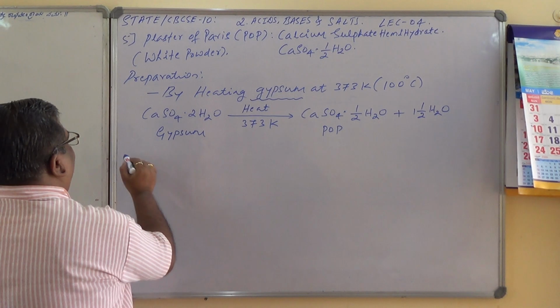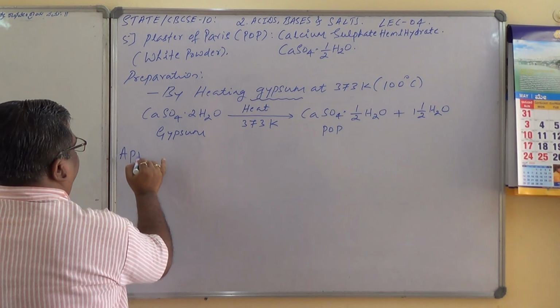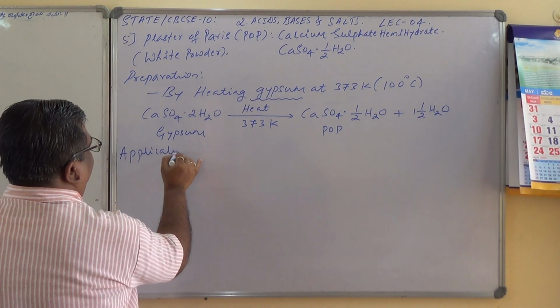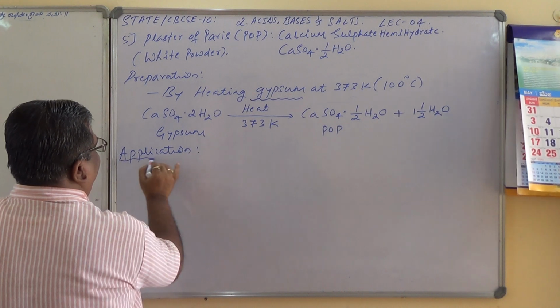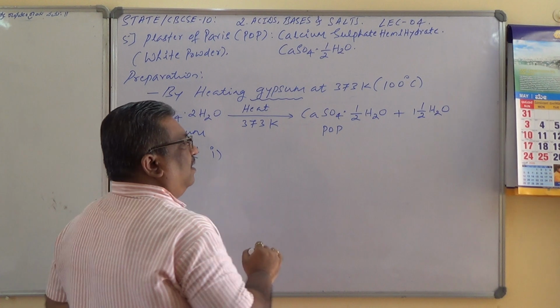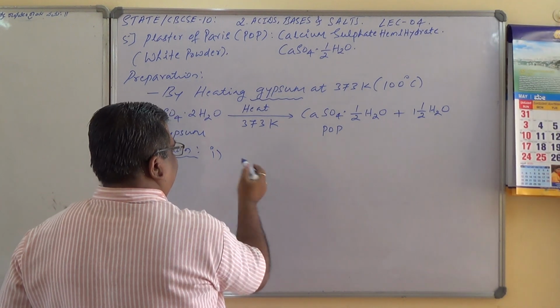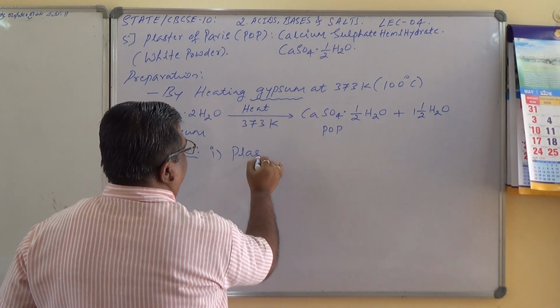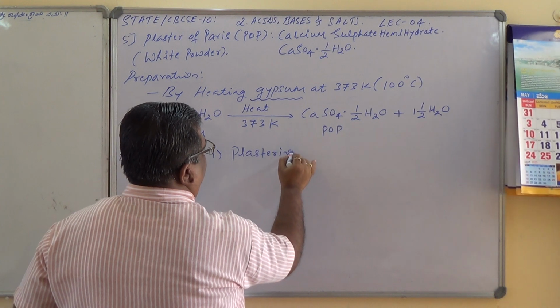Next, what are the applications here? Applications, or uses, of plaster of Paris. First, it is used as a plaster by the doctors.